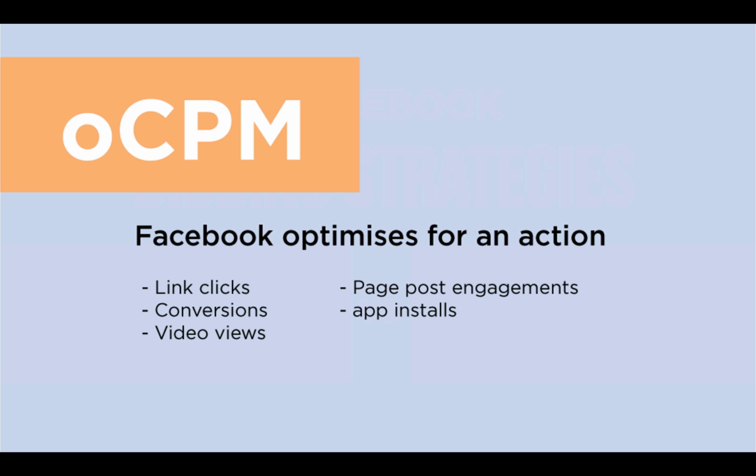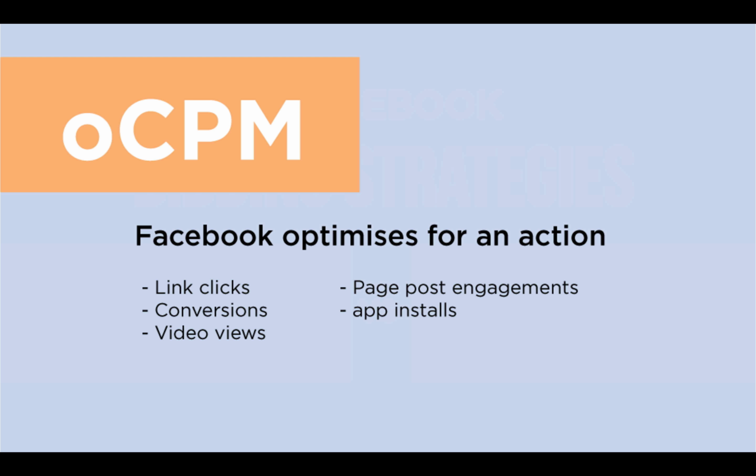So oCPM basically means optimized cost per milli, or optimized cost per 1,000 impressions. All that means is Facebook is optimizing for an action. Now that could be link clicks, conversions meaning purchases or leads or complete registrations, whatever that is, video views, post engagements, app installs.